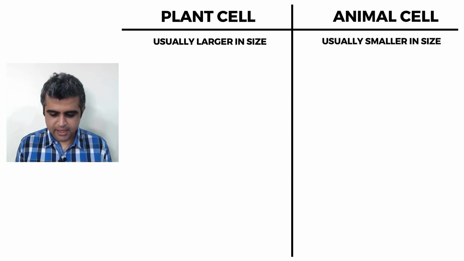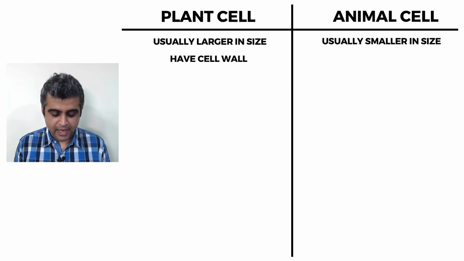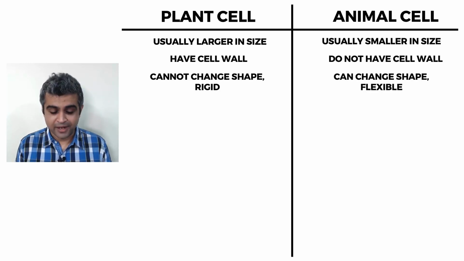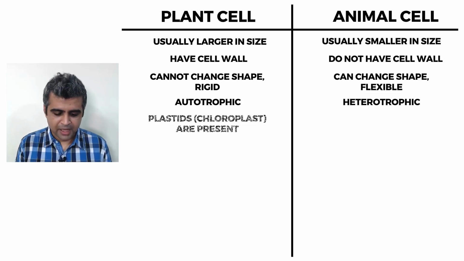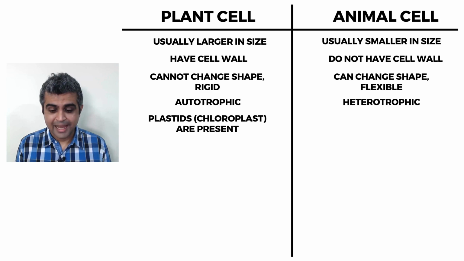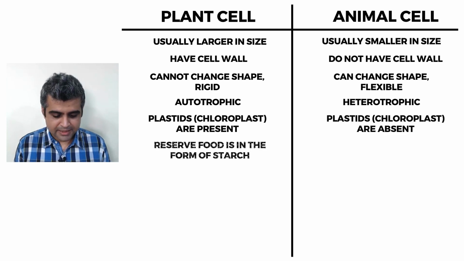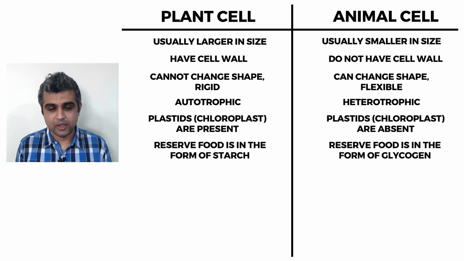Usually larger in size, usually smaller in size. Have cell wall, do not have cell wall. Cannot change shape, rigid. Can change shape, they are flexible. They are autotrophic. Animal cells are heterotrophic. Plant cells have plastids, chloroplast. Animal cells do not have any chloroplast or plastids. Plant cells, the reserve food is in the form of starch. In the case of animal cells, it is in the form of glycogen.